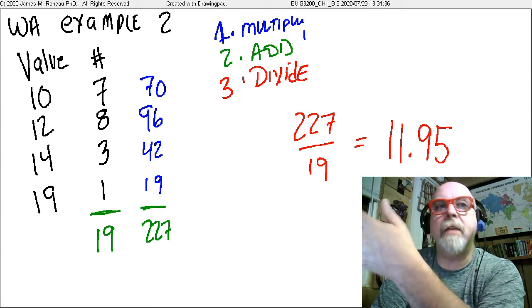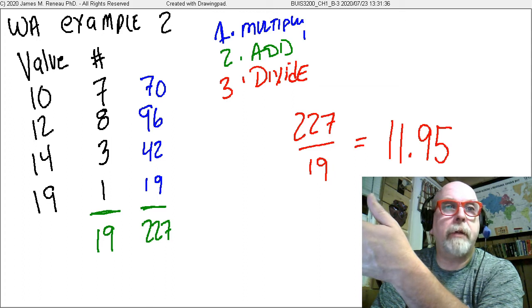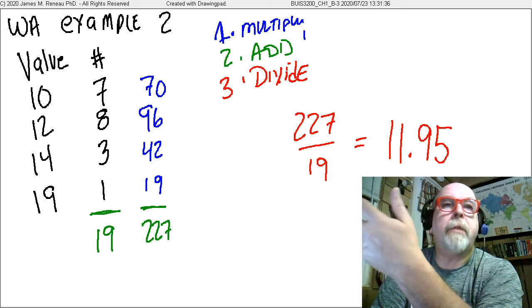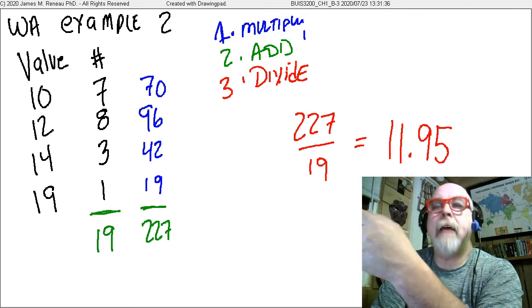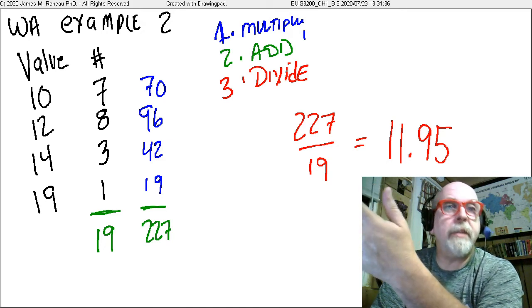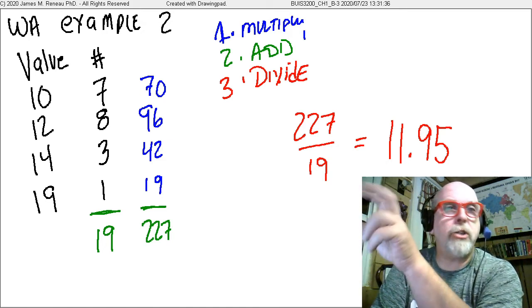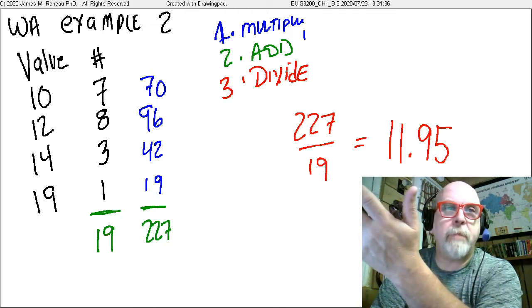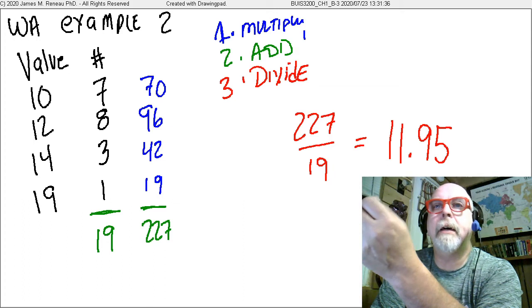This would be kind of like looking at a population of people. Maybe you had 7 people that scored a 10, 8 people that scored a 12, 3 persons scored a 14, and you've got 1 person that scored a 19. Well, then the weighted average kind of shows what the population would be, because the mean would give us a number significantly higher than that.